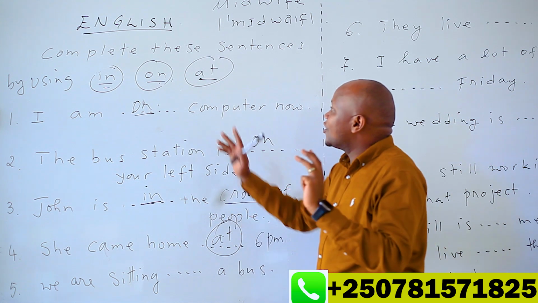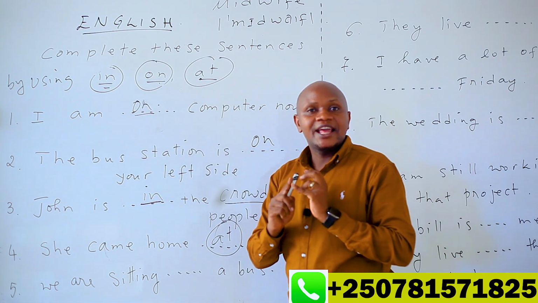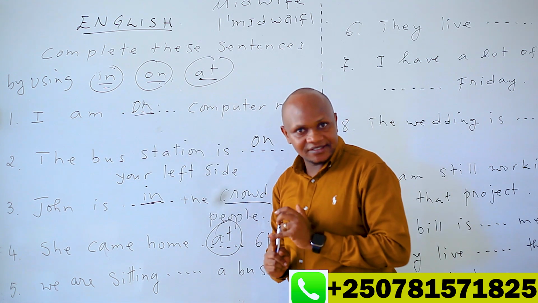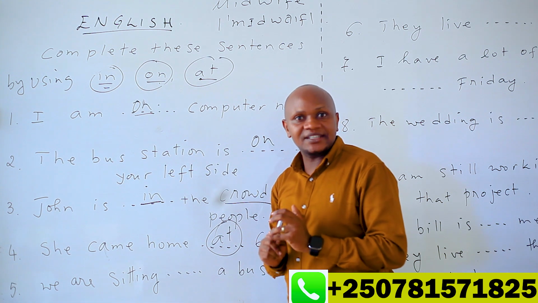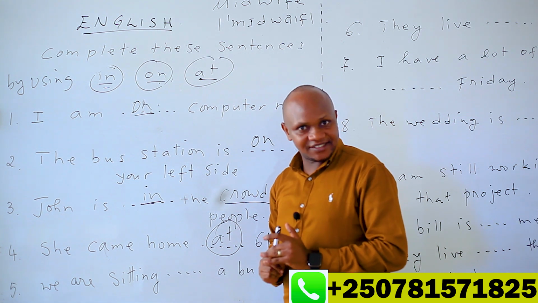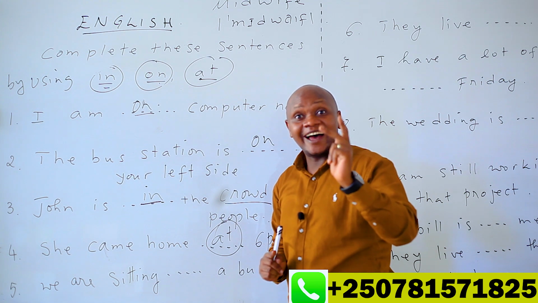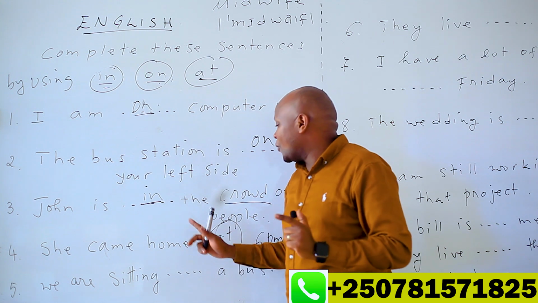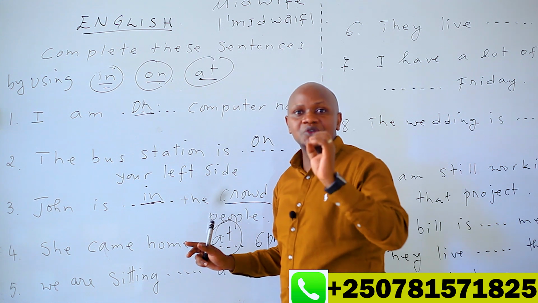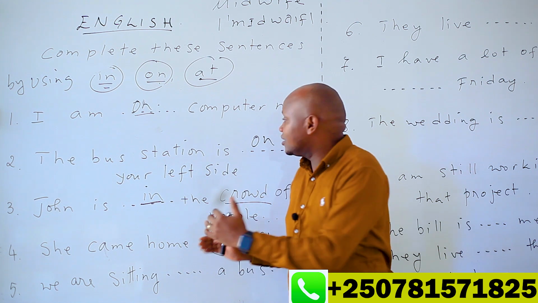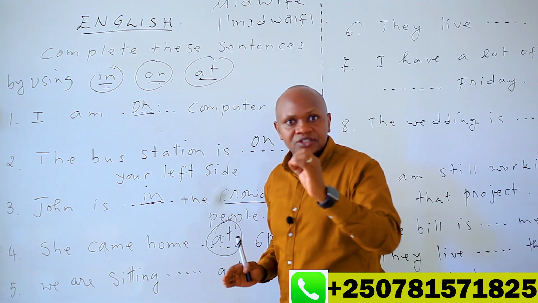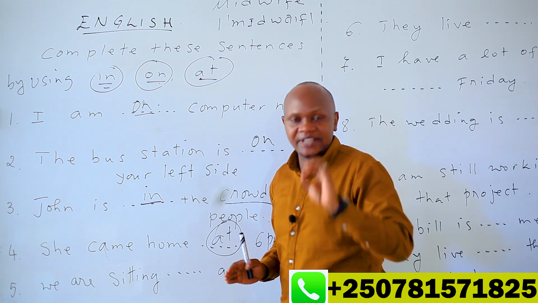Then number 5. We are sitting dash dash dash a bus. Do we say we are sitting in a bus, on a bus, at a bus? What is the suitable preposition we can put here in order to have a meaningful sentence?